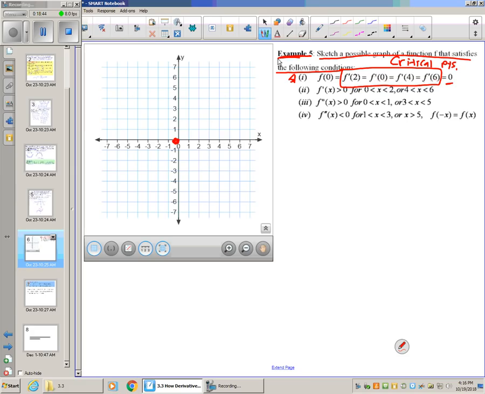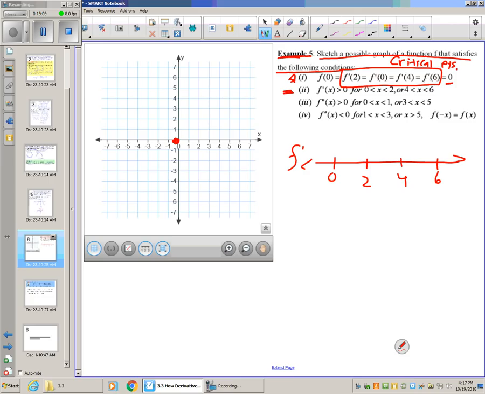Okay? So let's summarize that on a number line here, so we have that information available as we're graphing. It says that at 0, 2, 4, and 6, we have critical points. Let's keep that in mind as we look at the second point here.